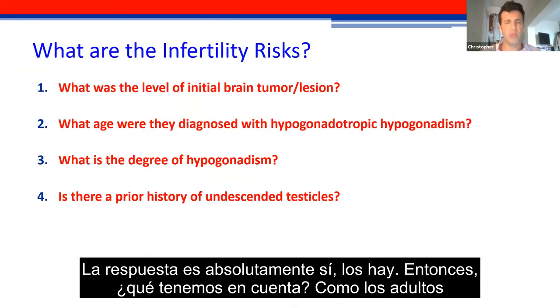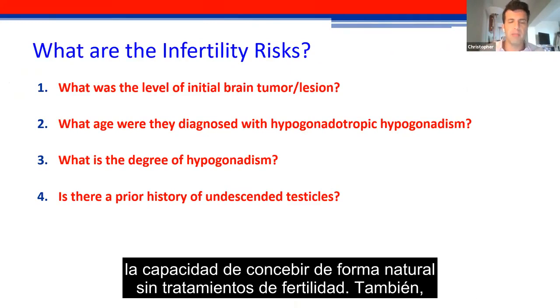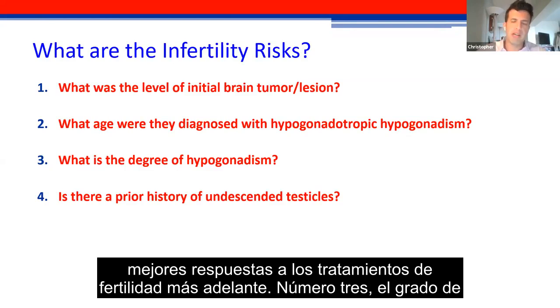So what do we take into account as the adult fertility specialists? Well, number one, the level of the lesion is noted, as this will play a role in the child's ultimate ability to conceive naturally without fertility treatments. Also, number two, those diagnosed with secondary hypogonadism after puberty typically show better responses to fertility treatments later on.